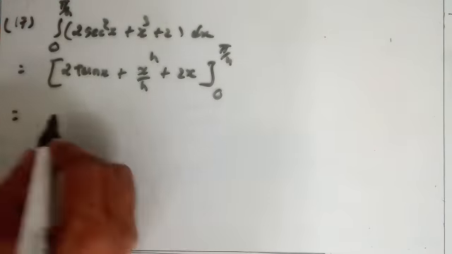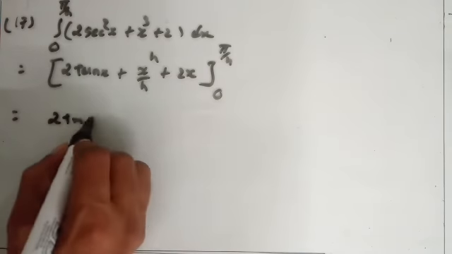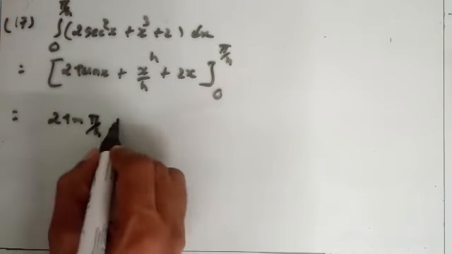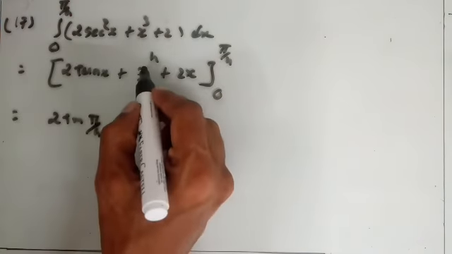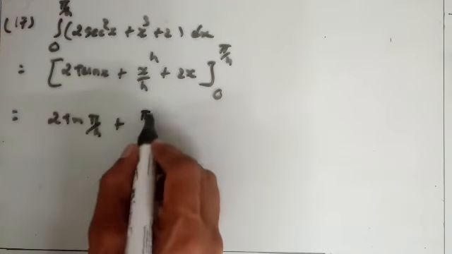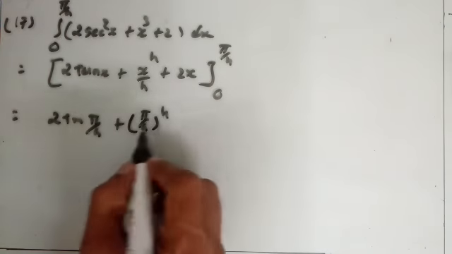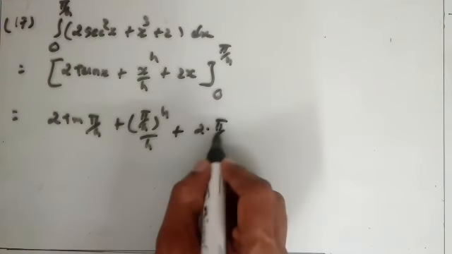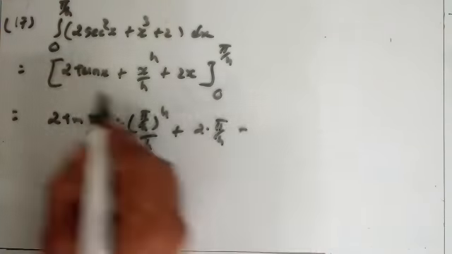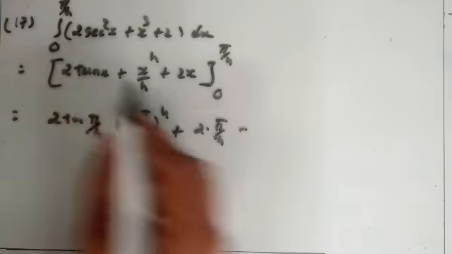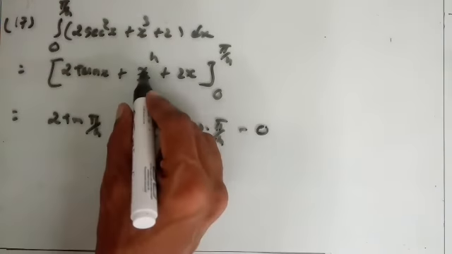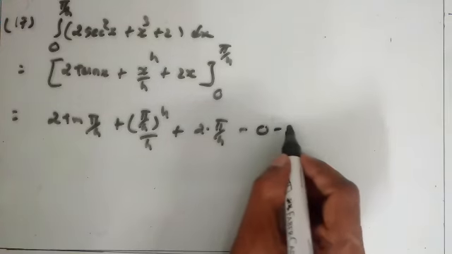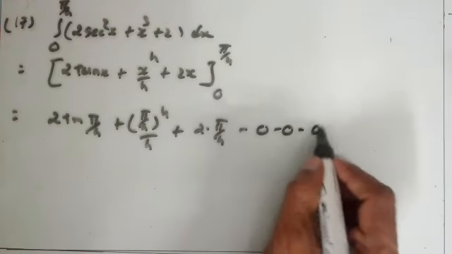Here b is equal to π/4, so 2 into tan(π/4) plus (π/4)⁴/4 plus 2 into π/4, minus 2 tan 0 becomes 0, x⁴/4 becomes 0 and the 2x also becomes 0.